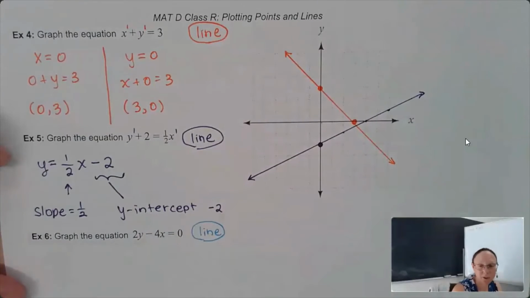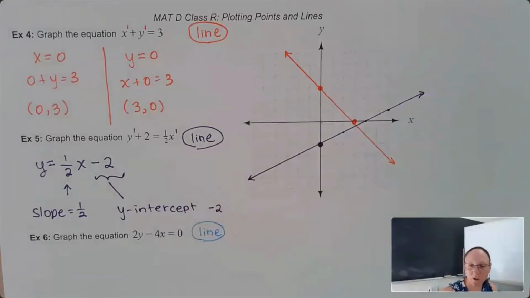We can either plug in points or we can think about finding the slope and the intercept. Does anyone have a preference? Plug in points or find the slope and the intercept? You can type it in the chat if you have a preference. And if you don't, I'll pick for us. Okay, slope form, you got it.